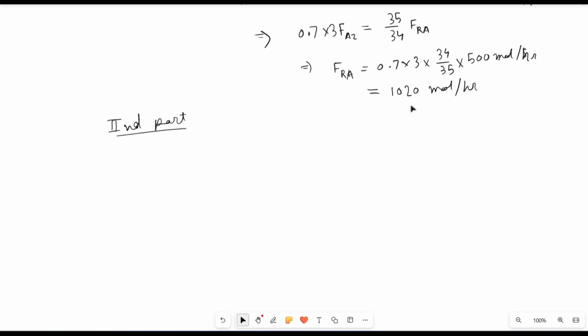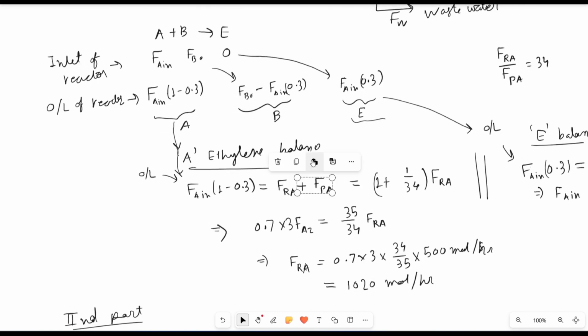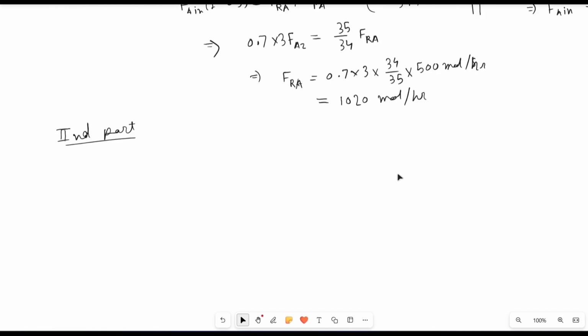Now for the water balance, the water coming out of the reactor is this: FB naught minus FA in multiplied by 0.3. This is the water coming out of the reactor, plus 20% of the condensables.